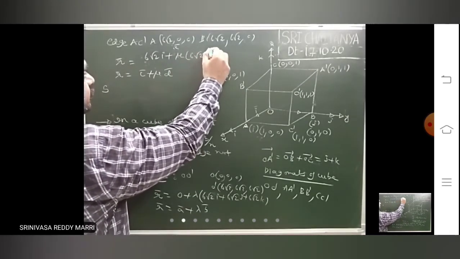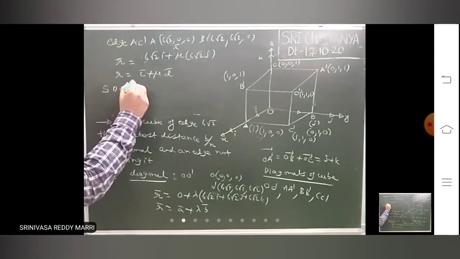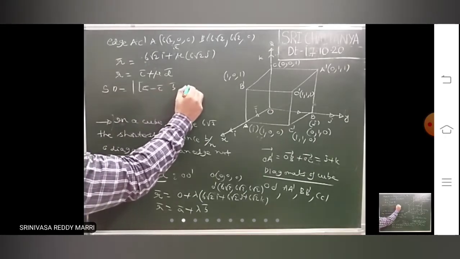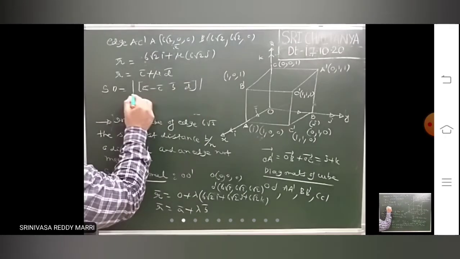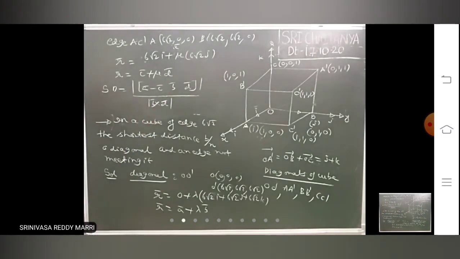Instead of 5 you write 6 root 2j. So this is C bar, this is D bar. Shortest distance is nothing but modulus of B bar cross D bar.